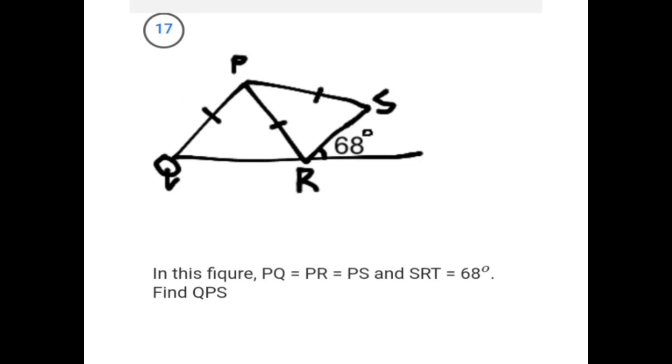In this figure, PQ is equal to PR, which is equal to PS, and SRT is equal to 68 degrees. Find QPS. In the question, we are told that PQ is equal to PR, and PR is also equal to PS.